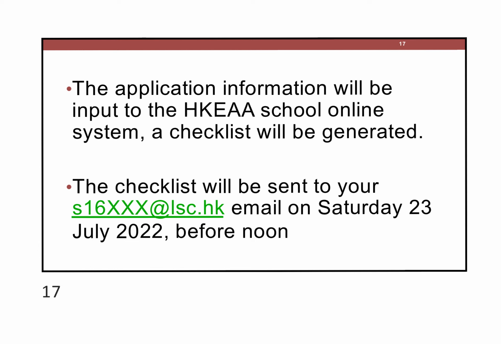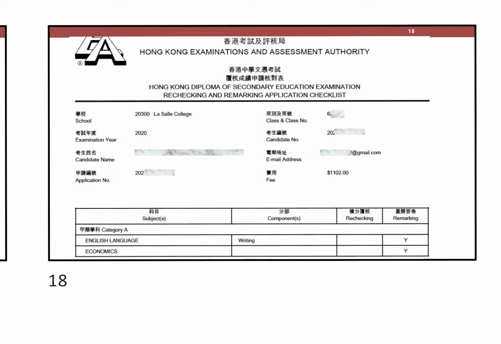The application information will be input to the HKDSE school online system. A checklist will be generated. As I mentioned previously, the checklist will be sent to your school email account on Saturday, 23rd July before noon. This is a checklist of the 2020 HKDSE remarking application.